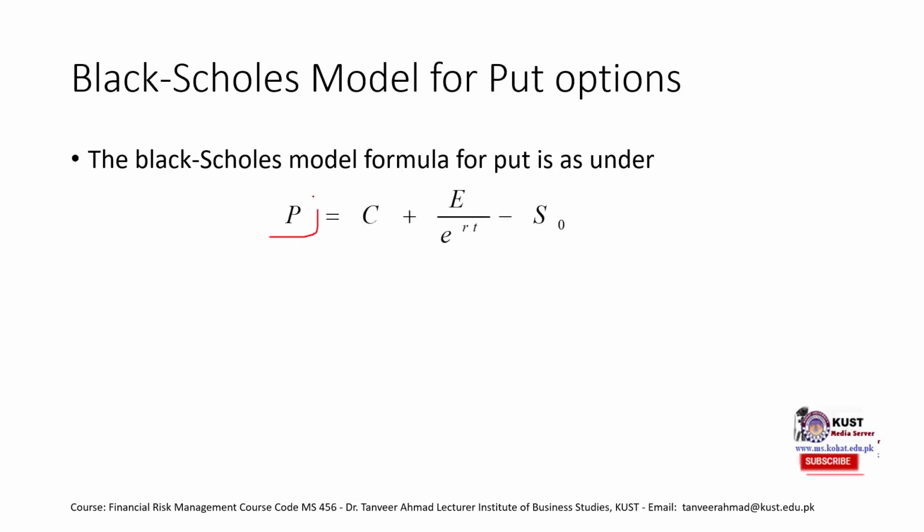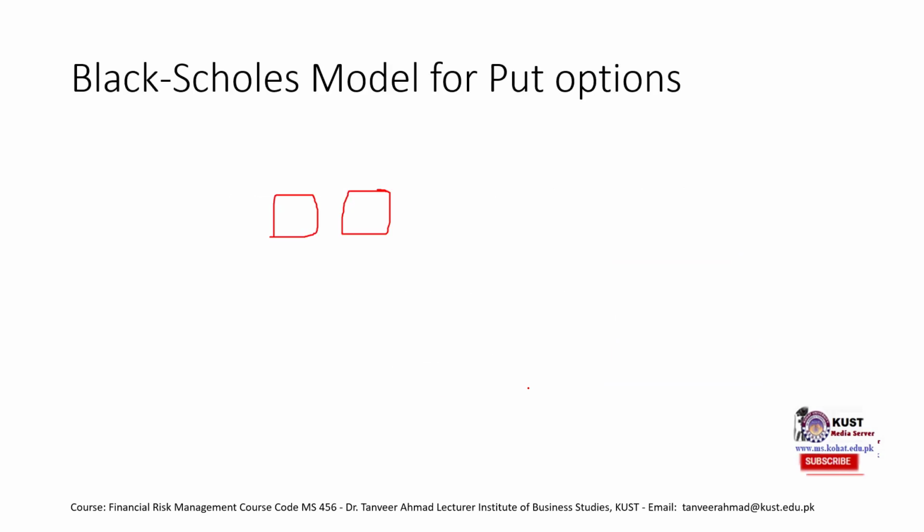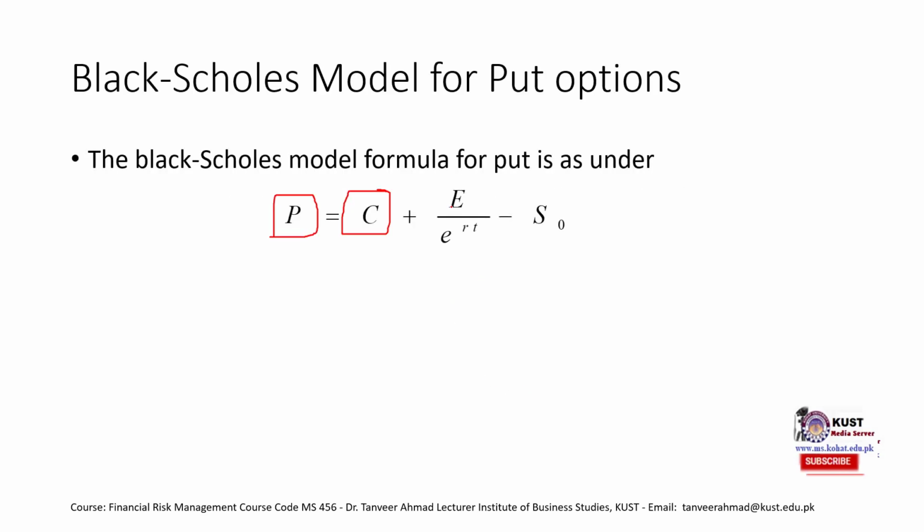And this would be price of put option or premium of put option, the intrinsic price of the put option, is equal to the price of call option that we just found in previous slide, this one, 2.806, plus E, which is exercise price, divided by E raised to RT.